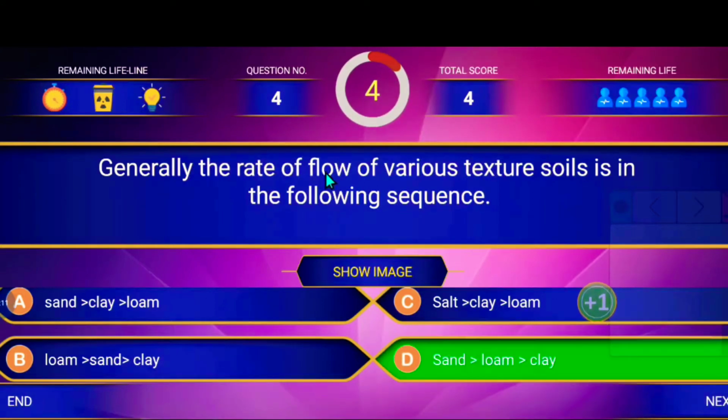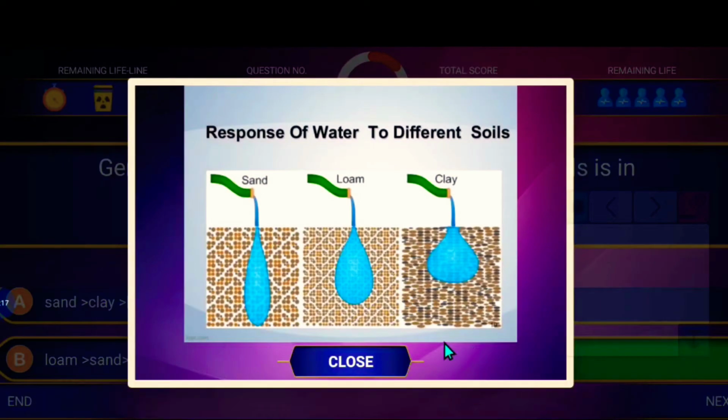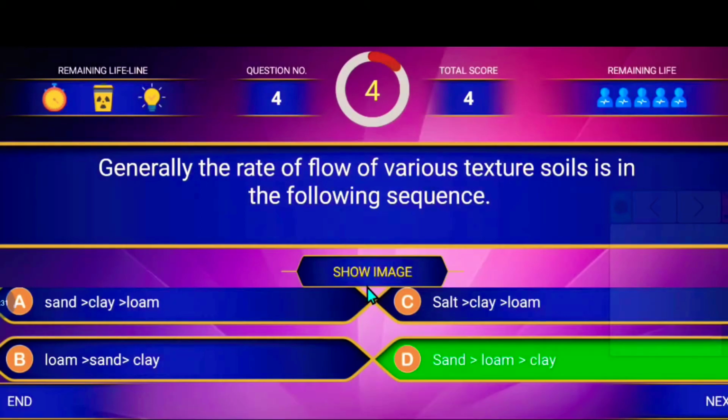It is the correct sequence. You can see here that water goes fast in sand, medium in loam, and least in clay. This is the response of water to different soils. Go to the next question.